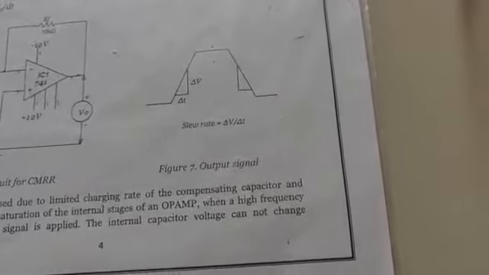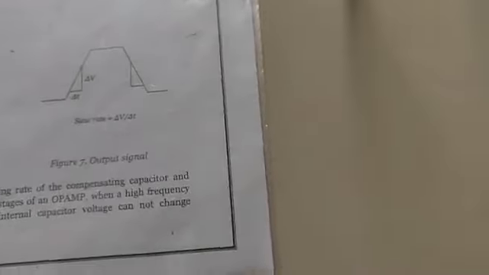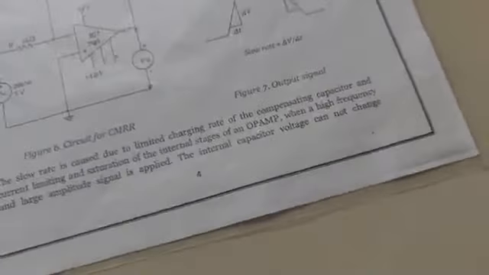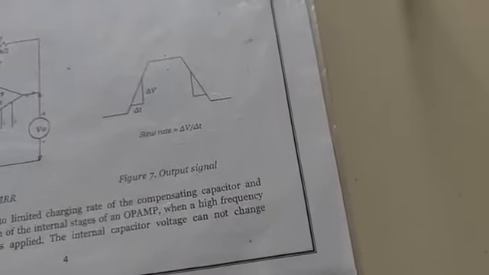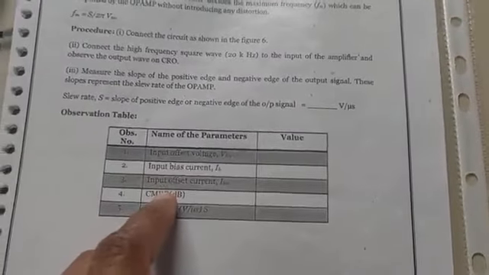That means 3 divided by 8, whatever it comes, nearly 3.6 or something volt per microsecond. That is going to be the slew rate. You can see that.